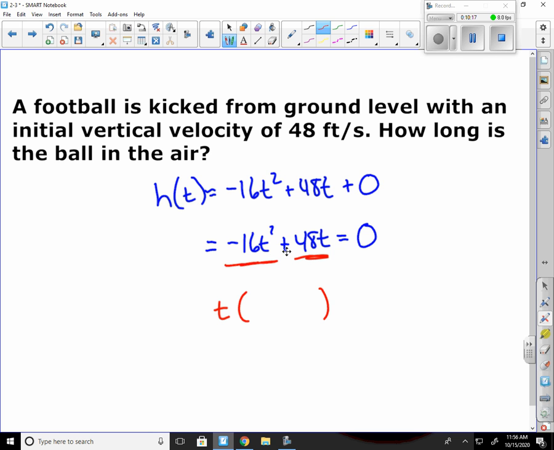Even though this is plus, if I divide it by negative 16, it'll just make this turn into a negative. So I'm going to pull the negative 16 out in front. What's 48 divided by 16? Good. It's 4. So this is t minus 4 equals 0.